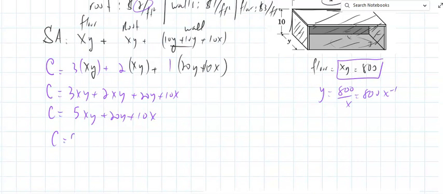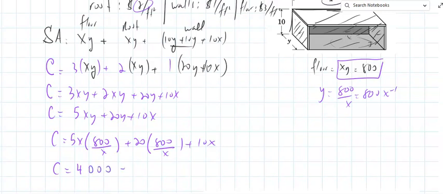So my cost function is 5x times 800 over x plus 20 times 800 over x plus 10x. My cost function is 4,000 plus, what is that, 16,000 x to the negative 1 plus 10x.